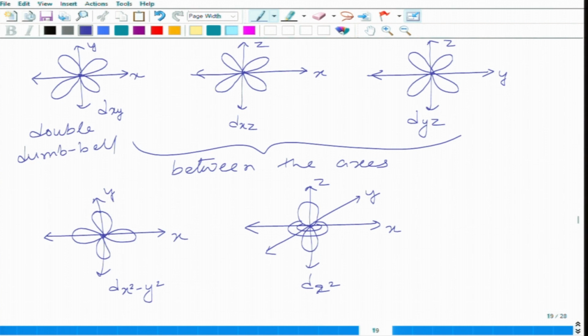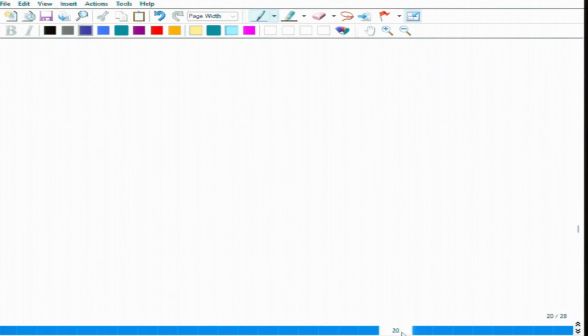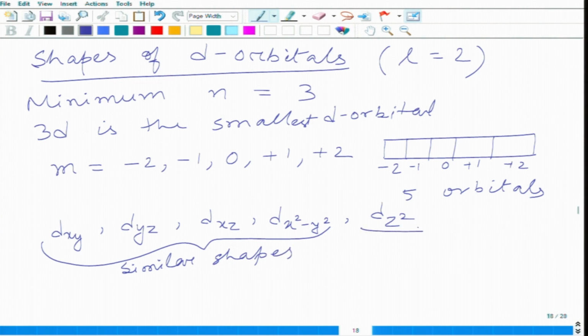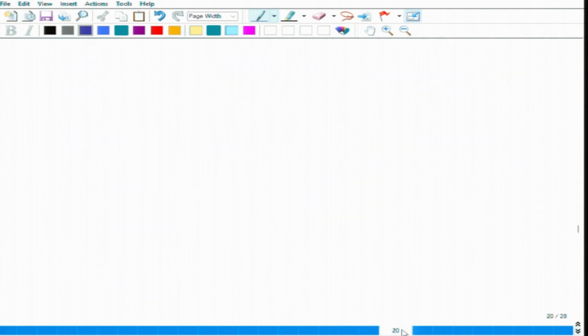So these are the 5 d orbitals. These 4 have similar shapes and this is different. All d orbitals have equal energy.